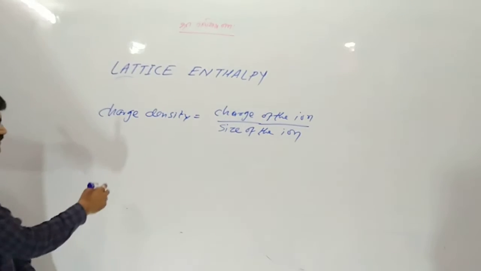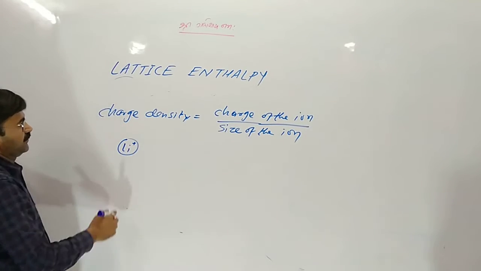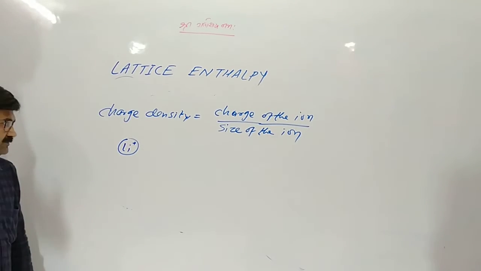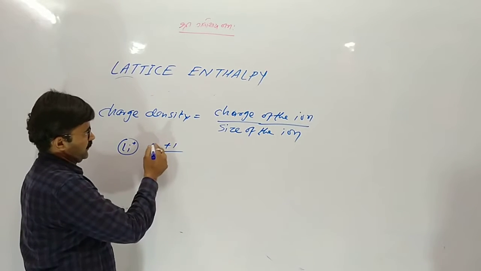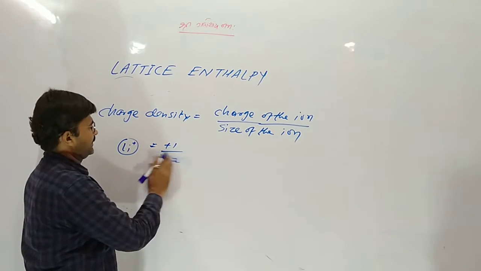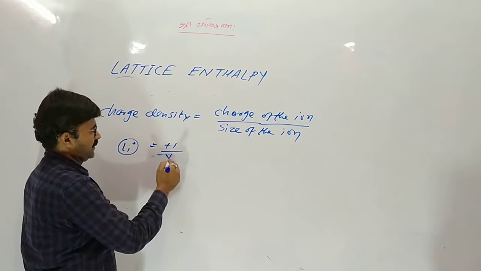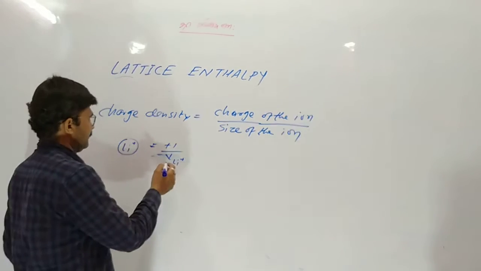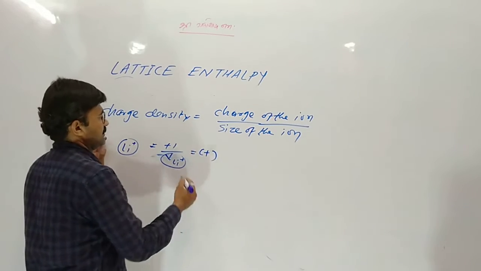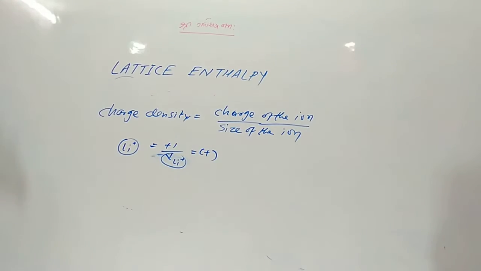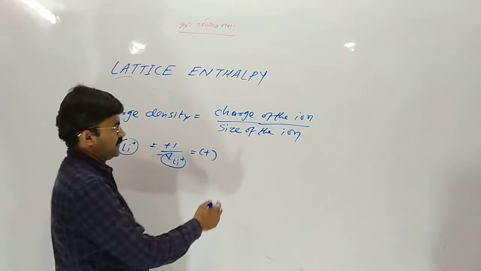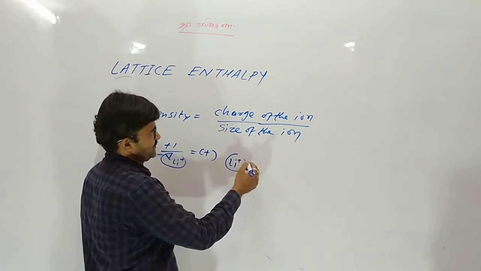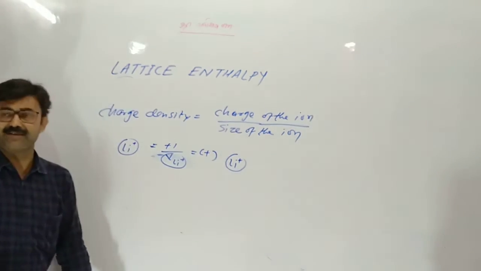Lithium is very small in size. It has only +1 charge. So +1 upon size, that is radius, volume of the Li plus. Volume is very less, so lithium possesses the highest charge density. So lithium has great attraction toward the negative ion.